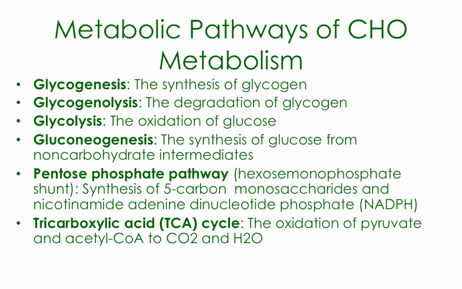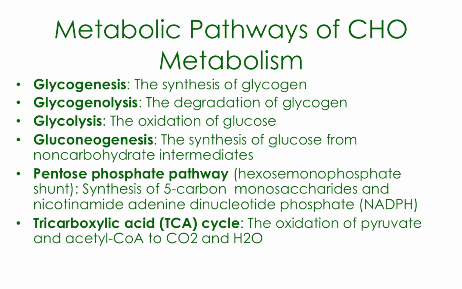There's also the pentose phosphate pathway, or hexose monophosphate shunt, so we'll say PPP or HMP shunt. This is the synthesis of 5 carbon monosaccharides, pentoses, and also of nicotinamide adenine dinucleotide phosphate, NADPH, which is a very important coenzyme reducing agent. We'll talk more about that later.